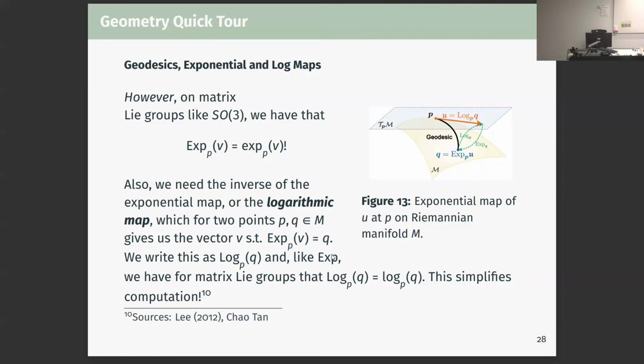And if you take the operation in reverse, go from the manifold to the tangent space, it's called log, surprise, surprise. To compute that, you just do the matrix log on matrix groups. So this is a big computation simplifier.